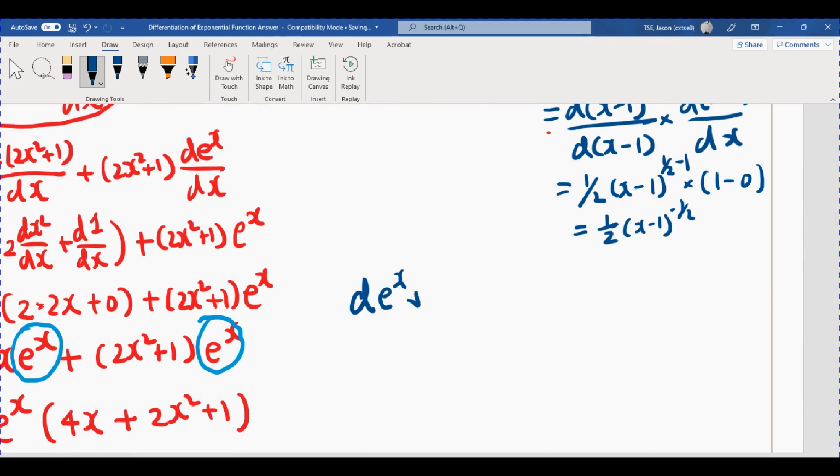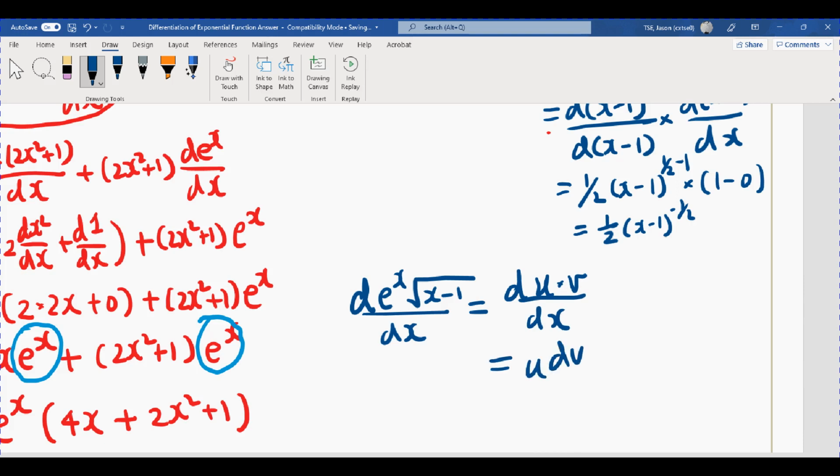So let's write this one. Let's say this is u times v dx, and that's the product rule.